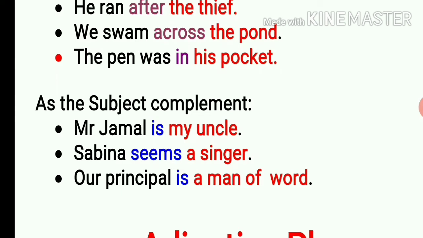And the third one, our principal is a man of word. Here, a man of word is a noun phrase which is also a subject complement in this sentence because it describes the subject, our principal. And there is a linking verb to link the subject with its complement, a man of word.